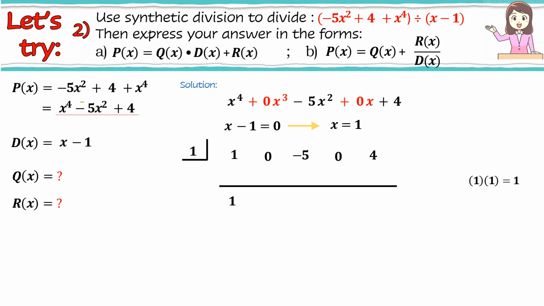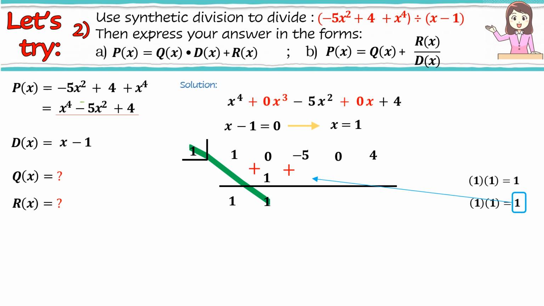Baba lang yan. And then, we will multiply the 2. Multiply natin tong dalawa. So, we have 1 times 1 is 1. Sulat natin dyan. And then, add the 2. 0 plus 1 is 1. So, ganun ulit. Multiply natin yung dalawa. So, we have 1 times 1 is 1 pa rin.